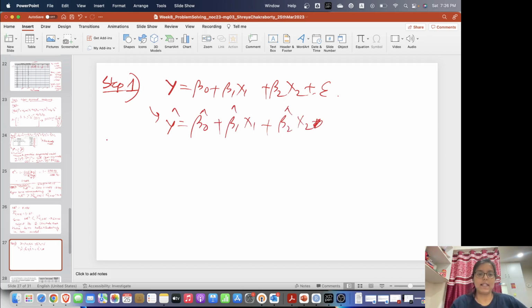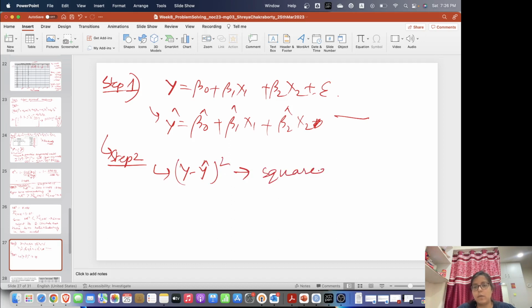Then step 2 is to get y minus y hat square. These are the squared residuals. Okay, I'll denote it as ui square.